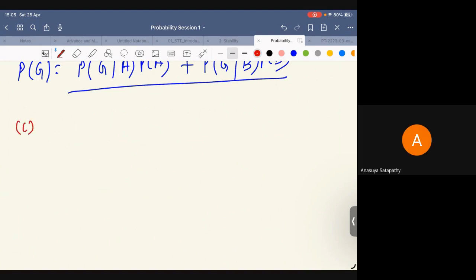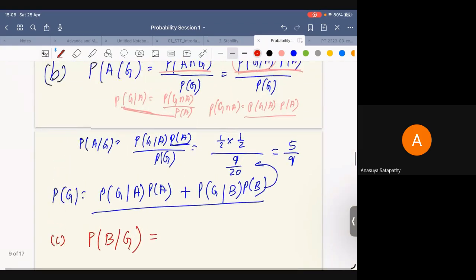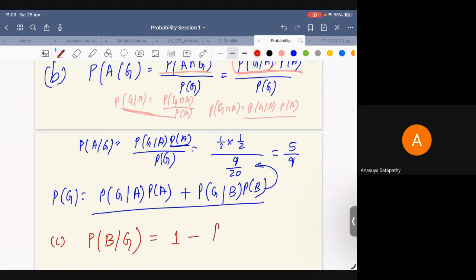Yes, because what is the probability saying? The probability that the green ball is already there, but we have to take it from urn B. Given that it's already green, what is the probability it will be from B? So can I write probability of B given G? I have to use option B, so can I write it like this? 1 minus P of A given G.